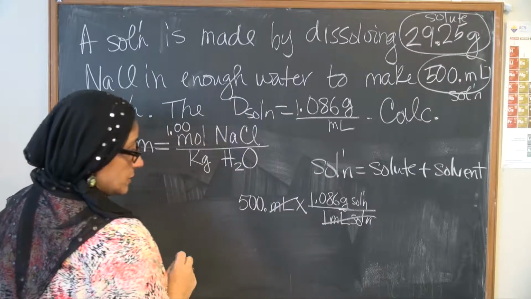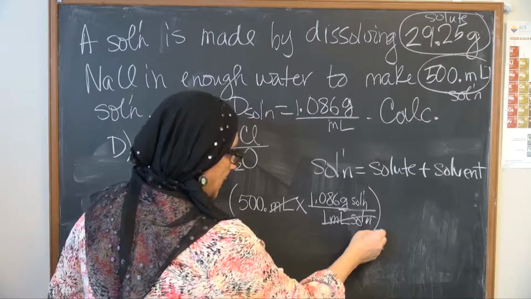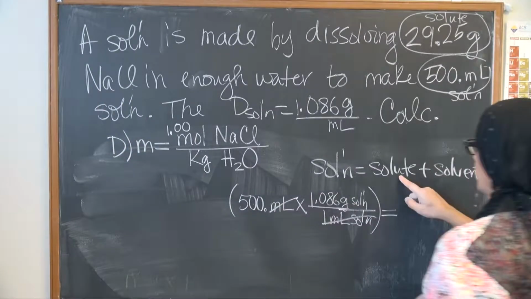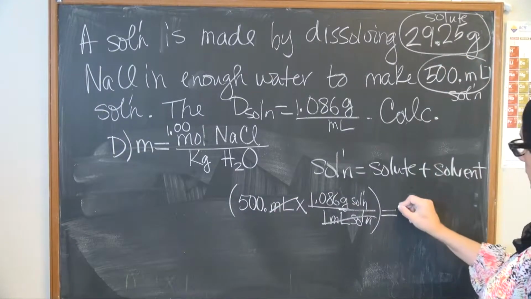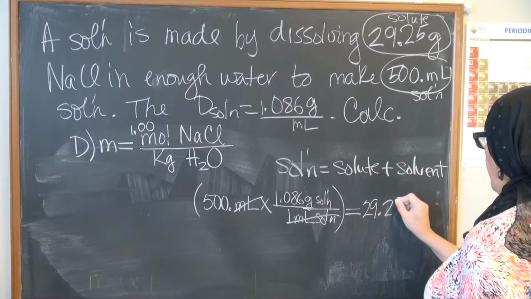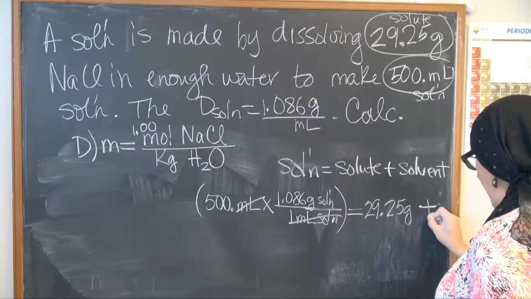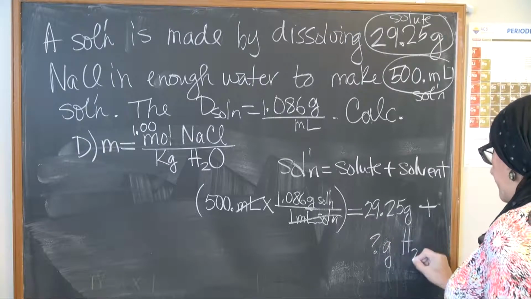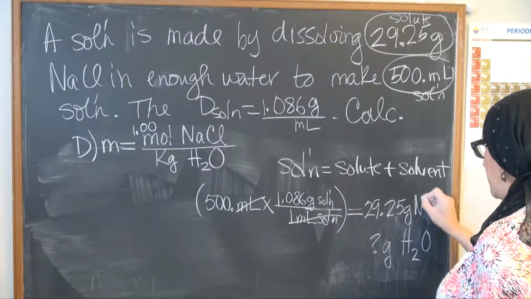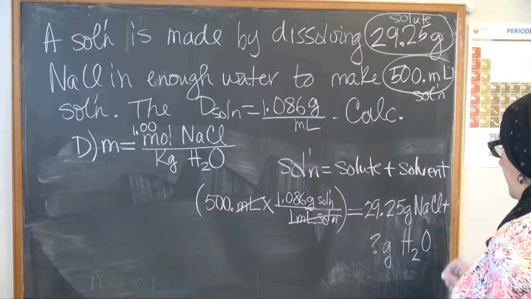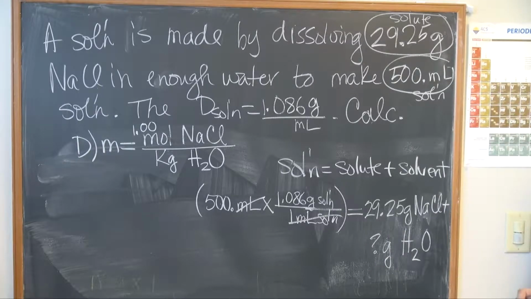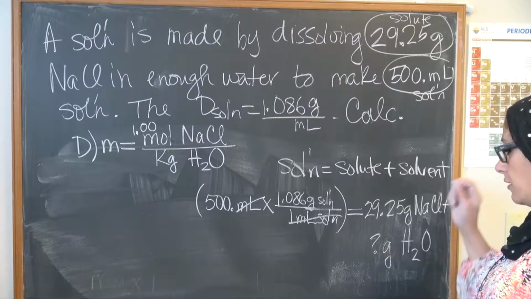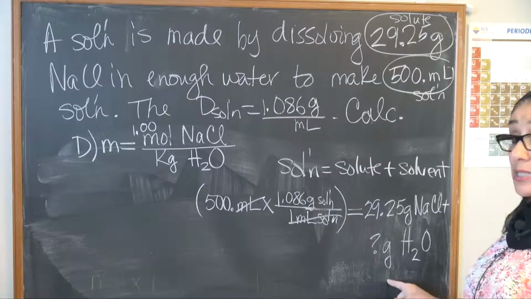Our milliliters of solution cancel, and this gives us grams of solution, is equal to grams of solute, which is given, 29.25 grams, plus unknown grams of water. Let me write this, sodium chloride, so we know exactly what we have. Okay, so if we determine the grams of water here, then we would get kilograms.